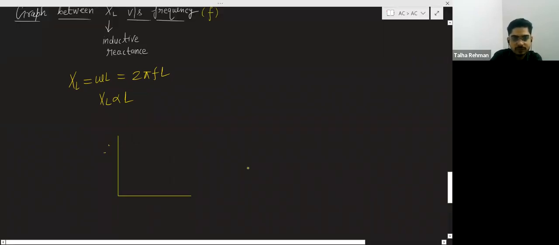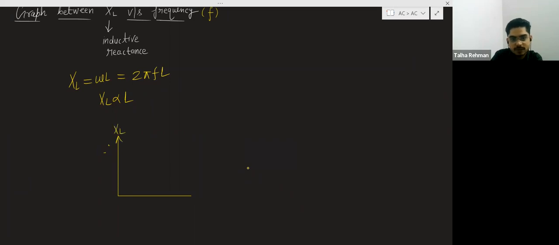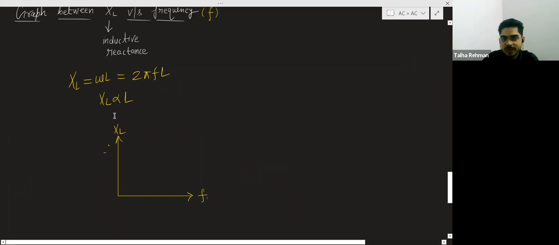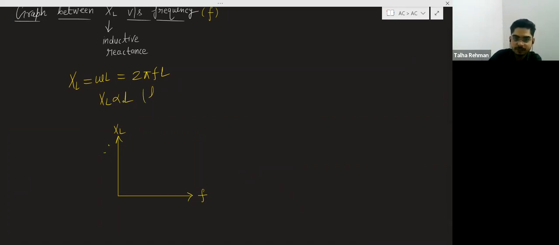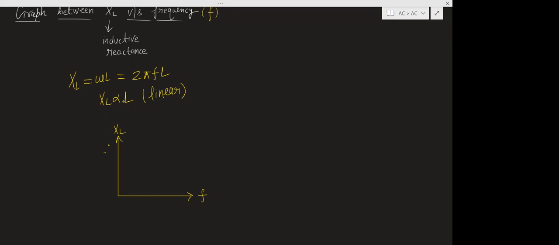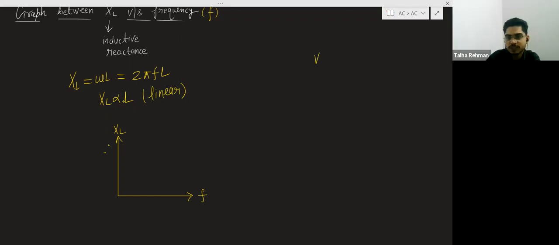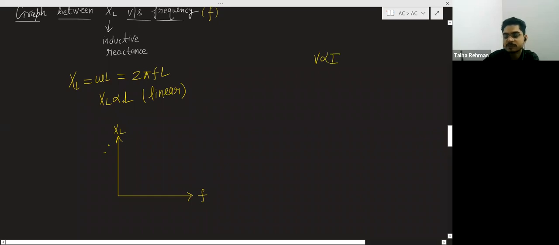On this axis, you will take XL. Here you will take frequency f. As XL is directly proportional to f, the graph will be linear. We have already drawn such a graph in Ohm's law: the potential difference is directly proportional to the current at specific conditions, so there we get a straight line graph between the voltage and the current.